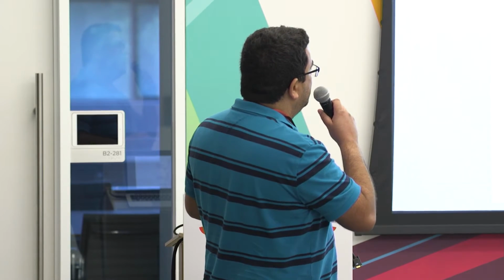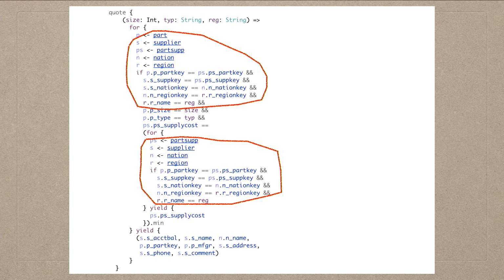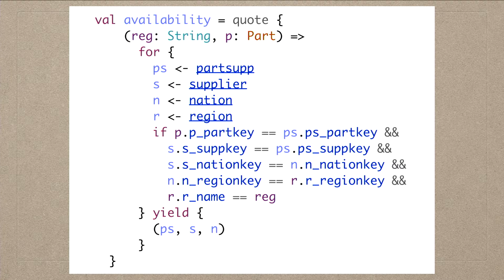We can extract small parts of the quotation and then compose small functions. So here I have this part of the query that is actually equal to this other part. What can we do? We just extract a function, right? This is looking for the availability of a part given a region.